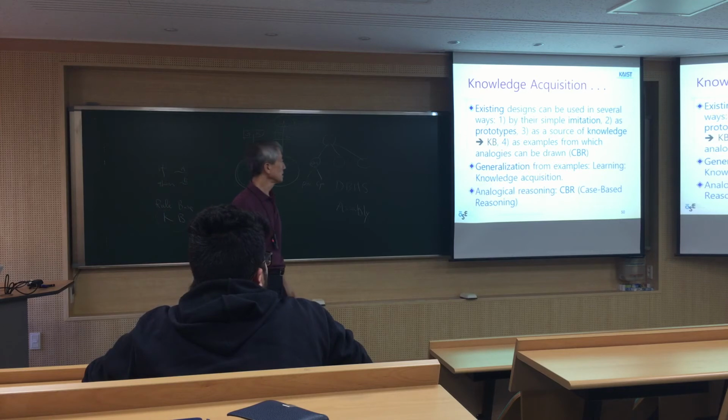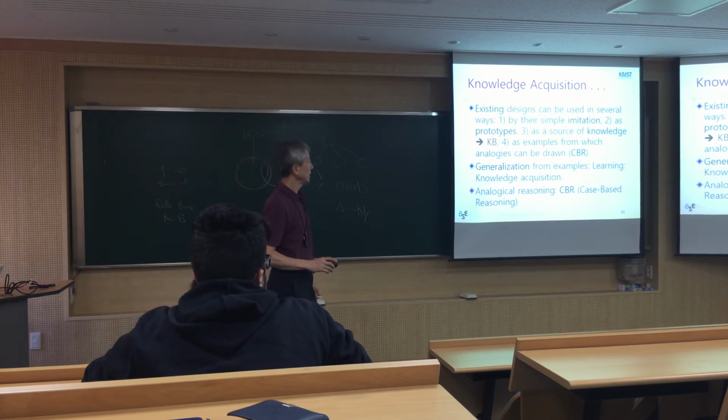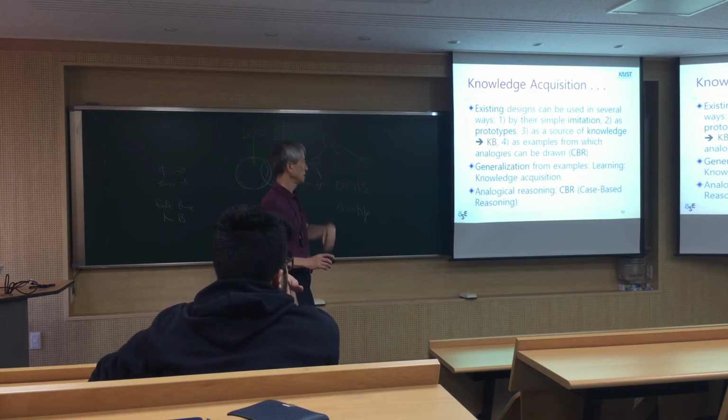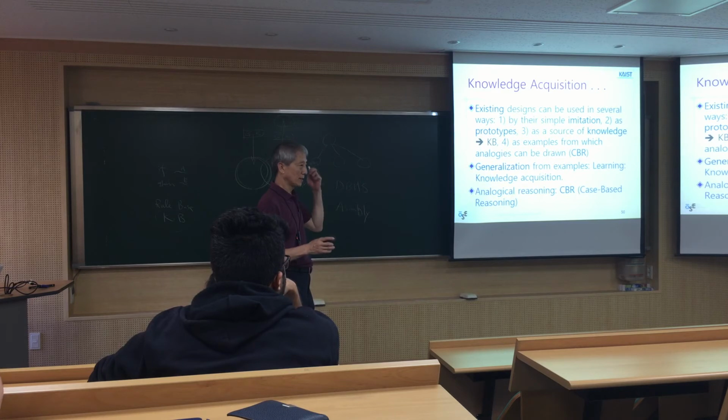Knowledge acquisition: existing designs can be used in several ways. Existing designs, such as the smartphone or Google, by simple imitation. An imitation of the very famous Charles Jourdan bag, right?